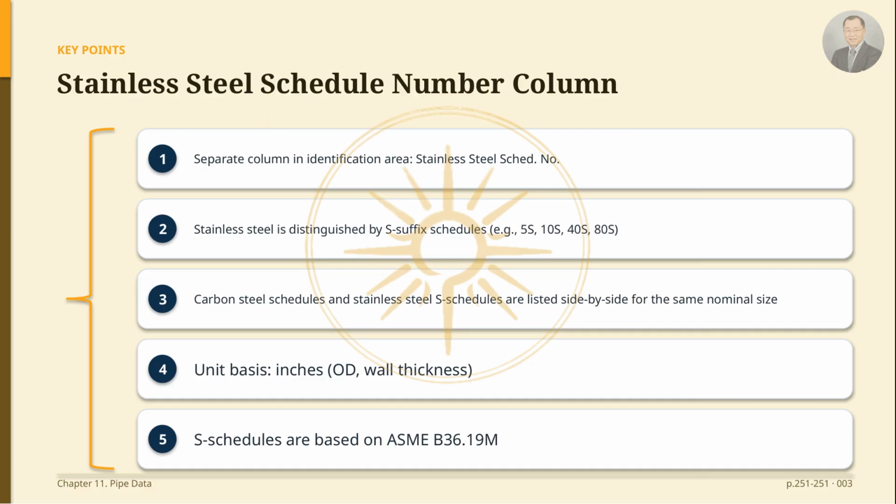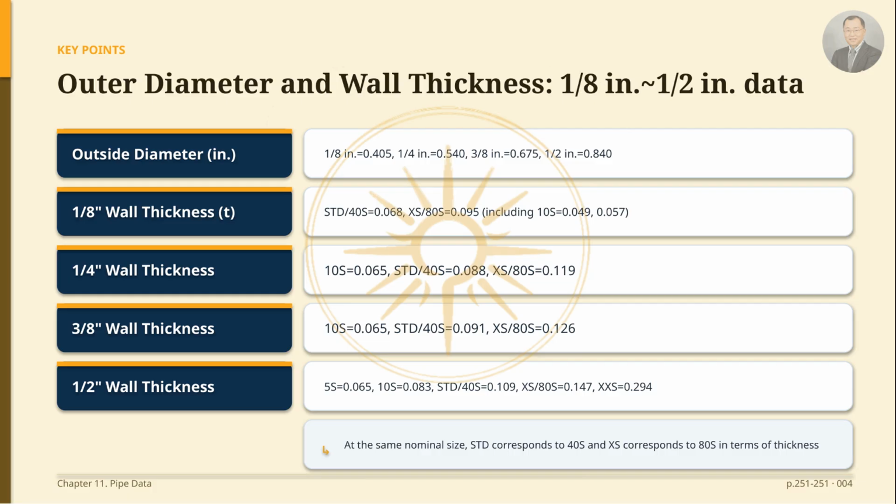Both outside diameter and wall thickness are expressed in inches, and I recommend directly locating the necessary values based on the ASME B36.19M standard. This table is a reference summarizing the actual outside diameters and wall thicknesses by schedule for small bore piping from 1/8 in to 1/2 an inch.